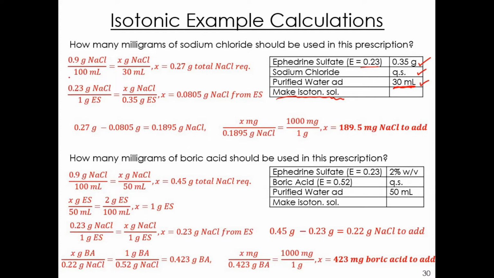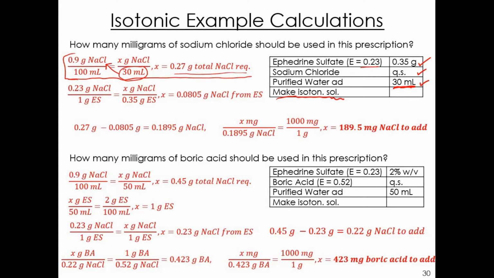So that calculation looks like this, similar to what we did for determining how many grams of sodium chloride would be needed to make 1 liter of isotonic solution. Same kind of calculation. We use the isotonic concentration of sodium chloride, and we ask how many grams of sodium chloride would be needed to make 30 milliliters isotonic. So we cross multiply, and X is 0.27 grams.